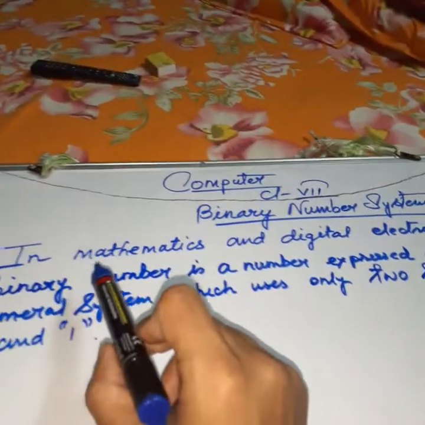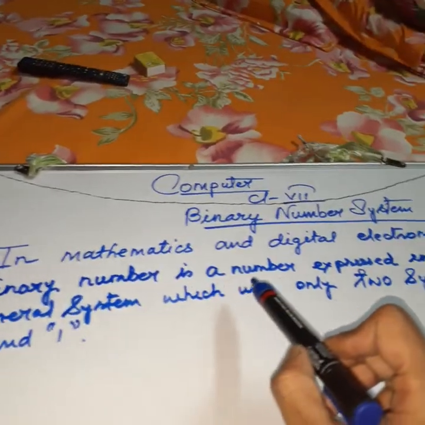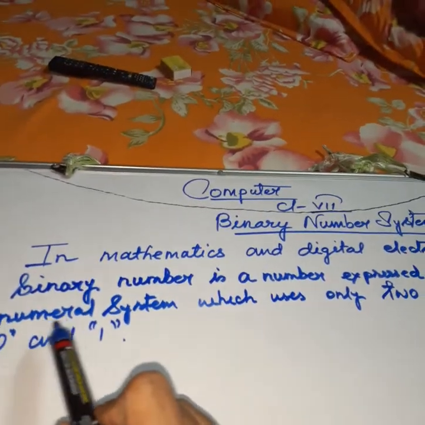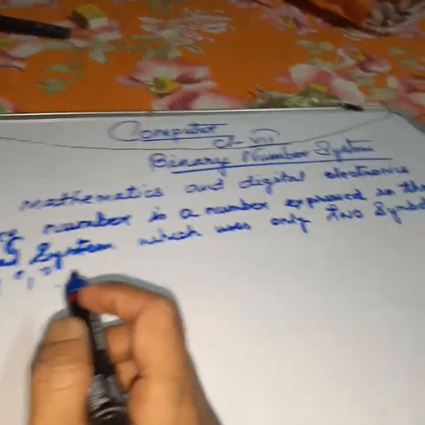So from the first again we'll read: in mathematics and digital electronics, a binary number is a number expressed in the base 2 numeral system, which uses only two symbols, typically zeros and ones.